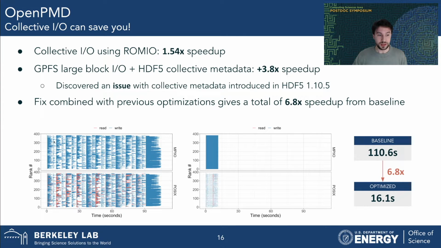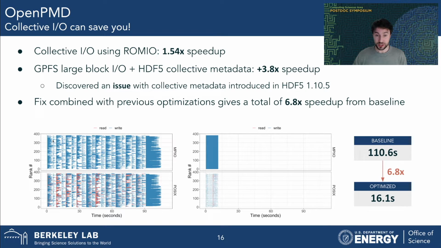You can see that we have data and metadata being written 10 times throughout the execution of the application. One thing that we can see at first glance looking at this plot is that both layers, MPI-IO and POSIX, look very much alike. So that's one indication that we're not using collective operations, neither collective data operations nor collective metadata.